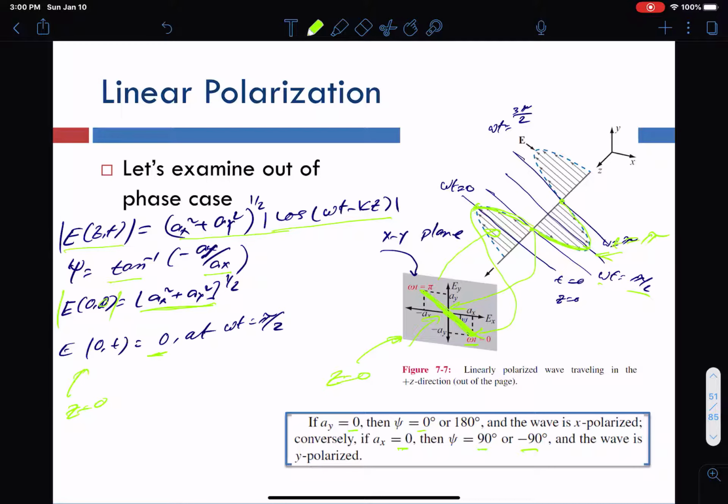This is the right angle here. All right. So that is your angle. Angle can go from 0 to 180, or negative 90 to positive 90. All right. So that's the linear polarization, when the tip of the traveling vector magnitude follows a linear pattern.